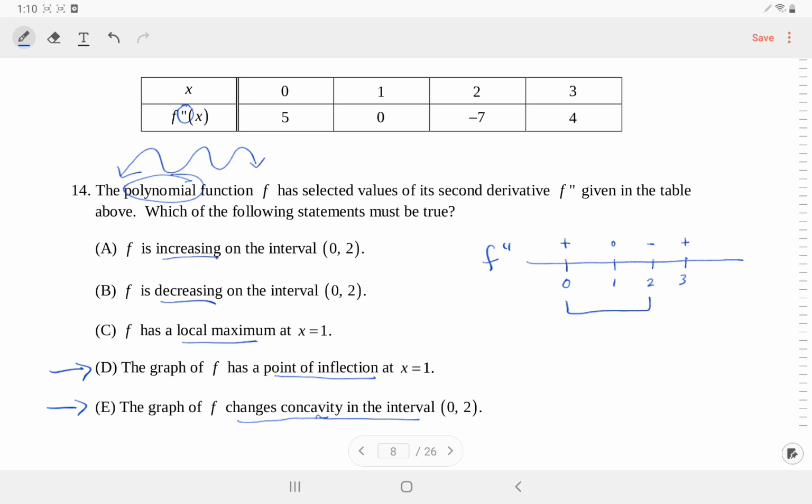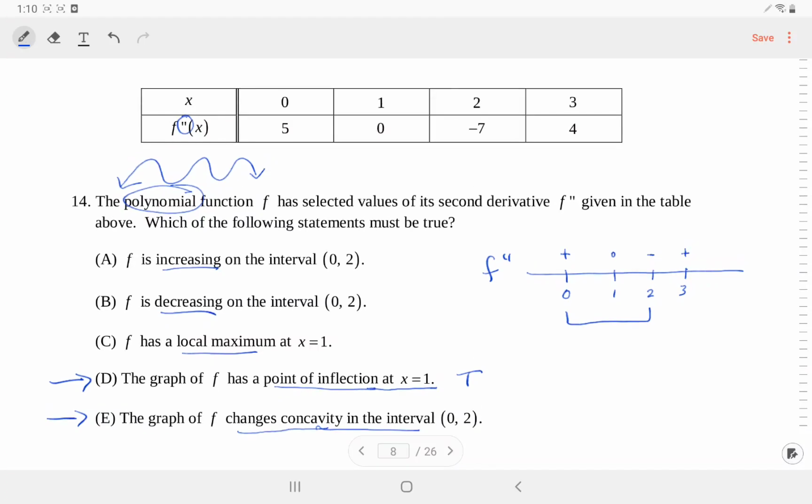Okay, so I like both of those. If D were true, it's not necessarily true, but possibly true. Let me fill in our maybes in red.